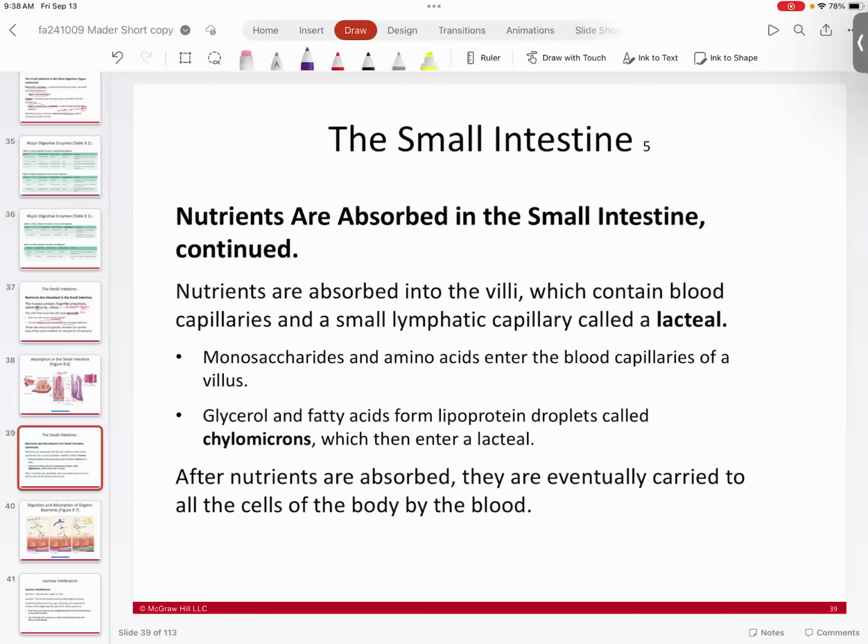Generally speaking, all the nutrients are absorbed in the small intestines, typically through the villi. And this has the capillaries and also the lacteals, which are the lymphatic capillaries. And remember, the lymphatic capillaries are designed to absorb fat.